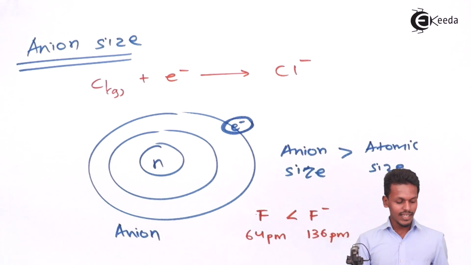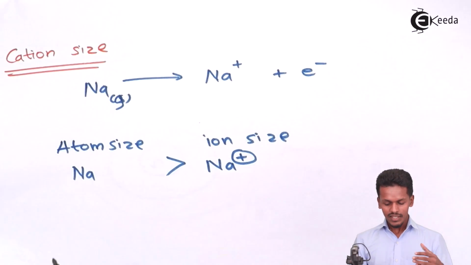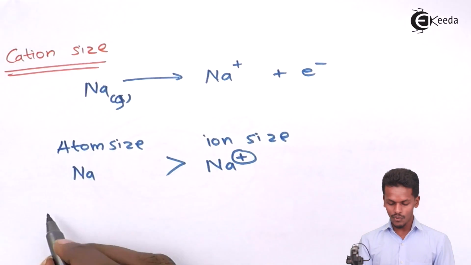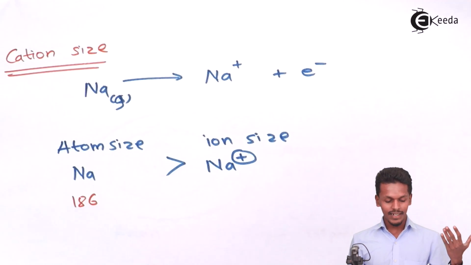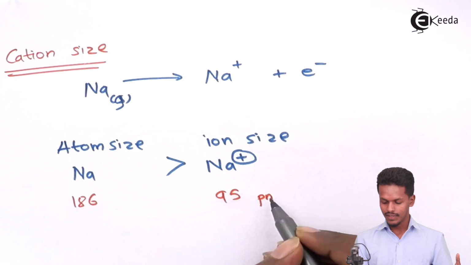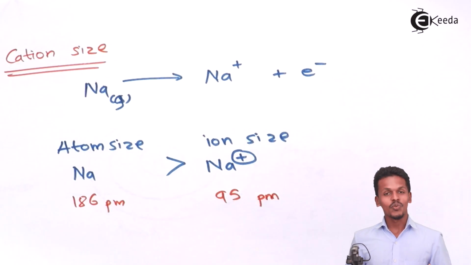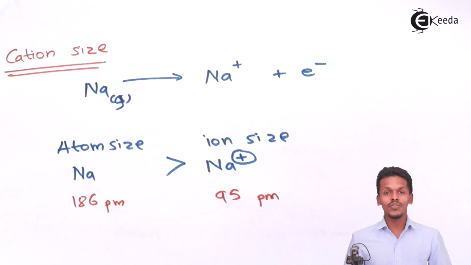And when it comes to the cationic size, for sodium, the atomic size is found to be 186 picometer, while that of the Na+ ion is found to be 95 picometer. So by this we have got to know what cationic size and anionic size are.